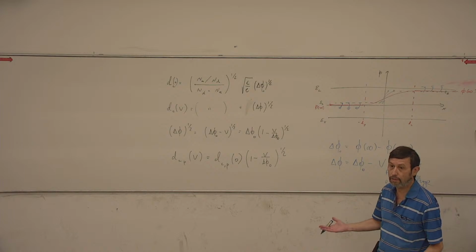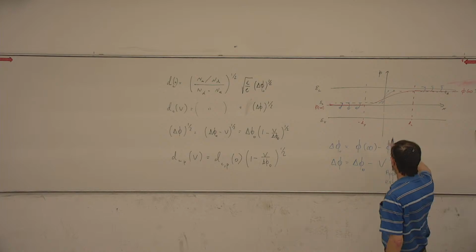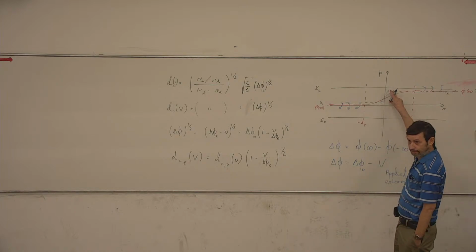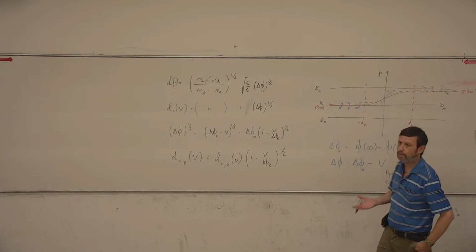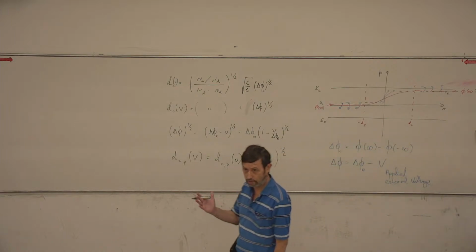What does the potential at the end of the day do? Change the distance here. So it can either increase or decrease the size of the depletion range.